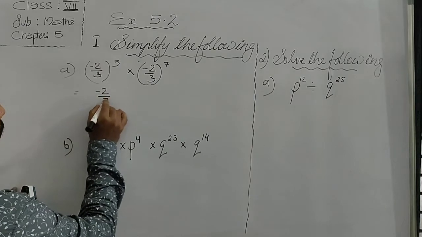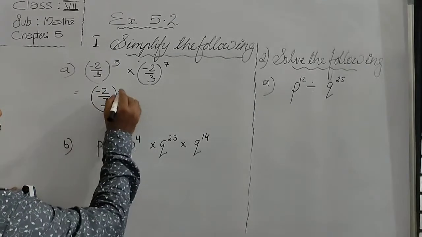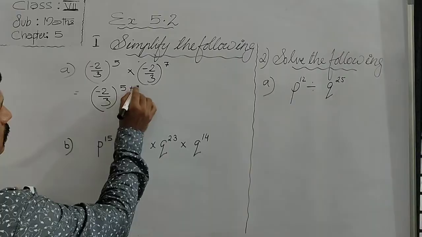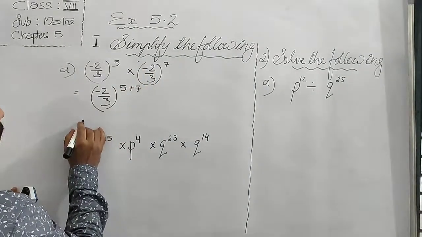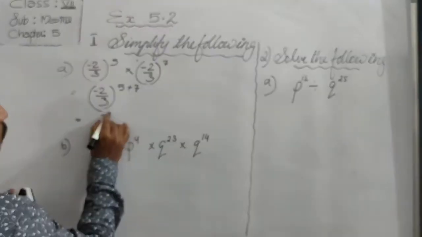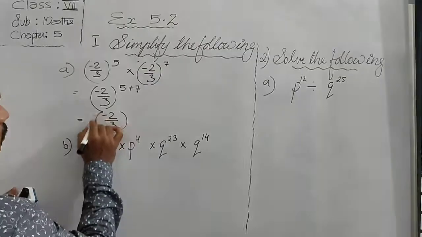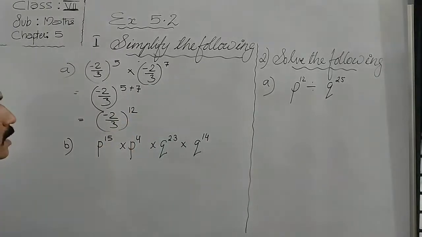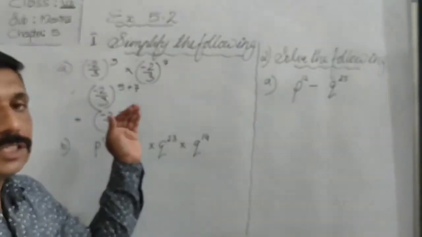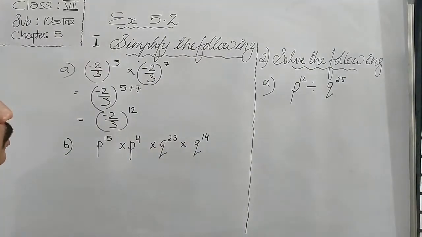(Negative 2 upon 3) power 5 plus 7. Why have we added? Because bases are same, powers are different. That is equal to (negative 2 upon 3) power 12. Okay. So when the bases are same, powers are different, in multiplication we add the powers.